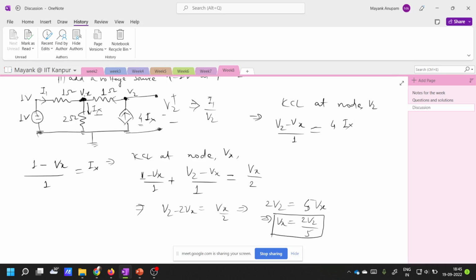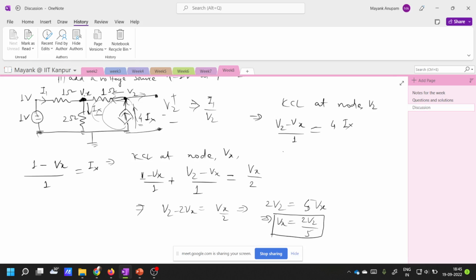The current here is the current source. This current has nowhere else to go. It has to flow only here because this current here is 0. The current flowing through this current source has to flow in this branch only, right?